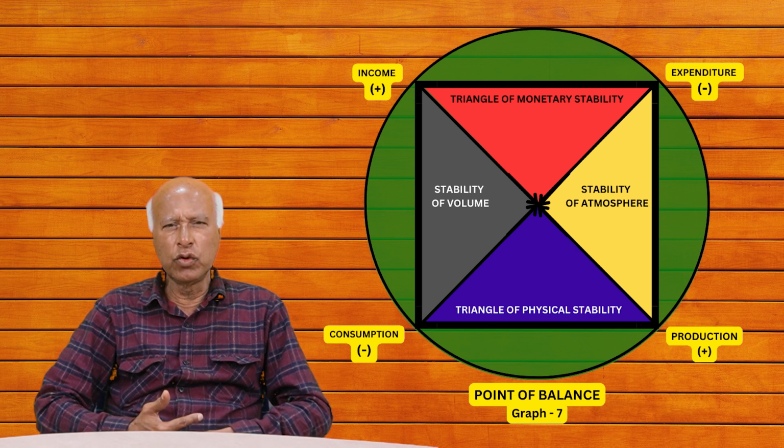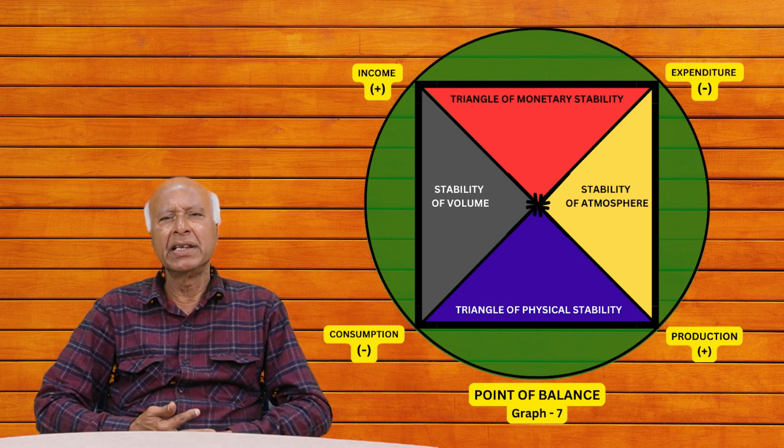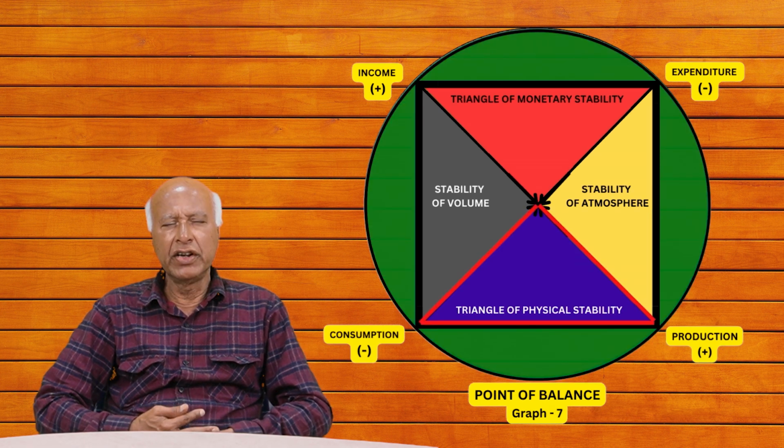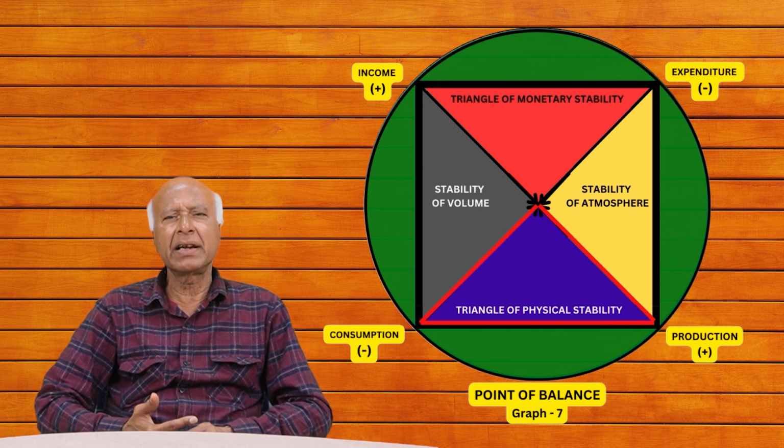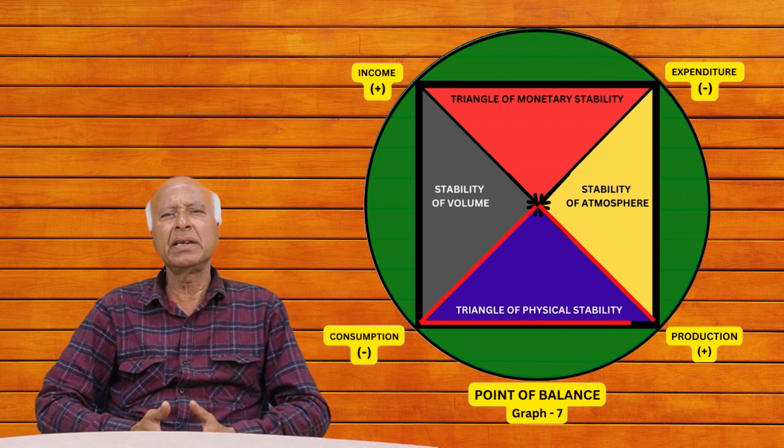Similarly, the two poles, physical activity of consumption and production, form another triangle, of stability of physical activity, because consumption is also a physical activity and production is also a physical activity. In a perfect stage of equilibrium, the two physical poles of consumption and production will be equal.